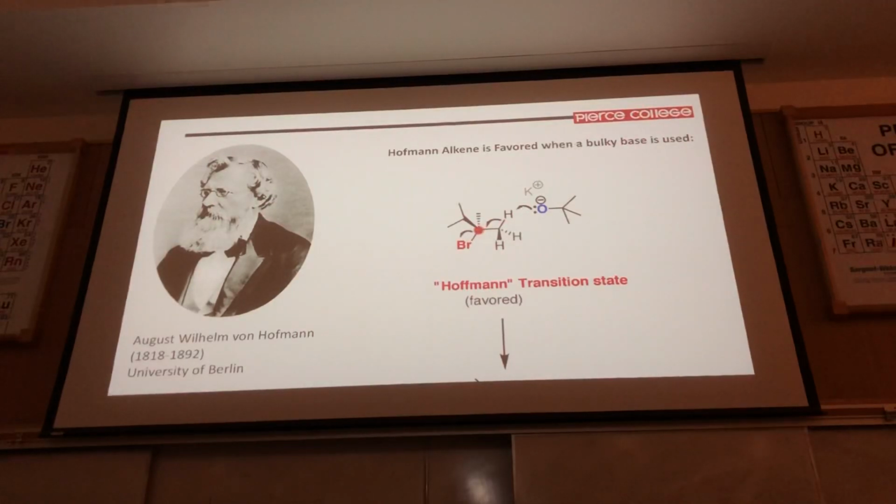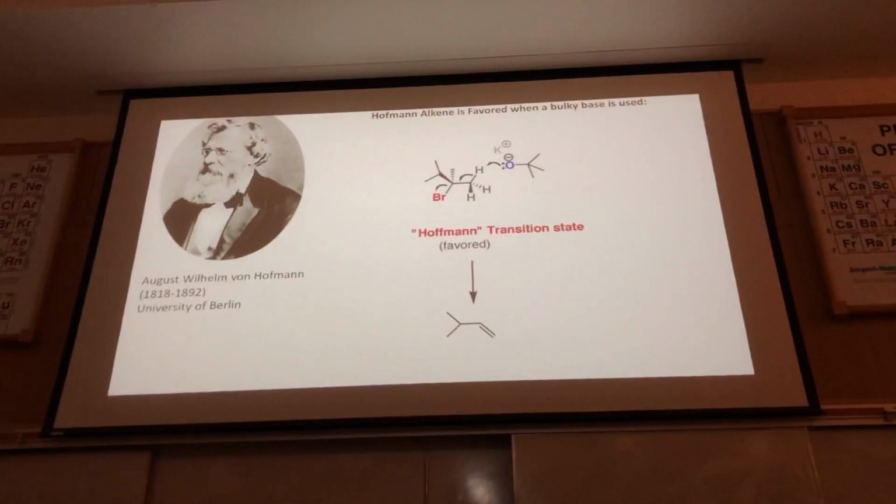So it's harder to get into the interior where there might be an H that could come off and give you the Zaitsev product, because remember Zaitsev's more substituted. In order to achieve a Zaitsev alkene, you actually have to have a base that can get in there, right? So if you couple bulky with bulky, you actually can find a way to favor the Hoffman alkene.